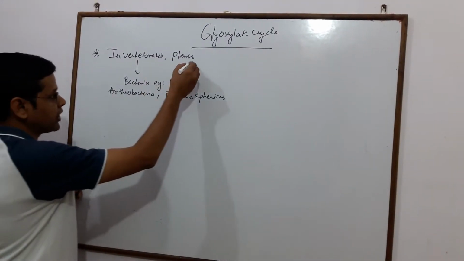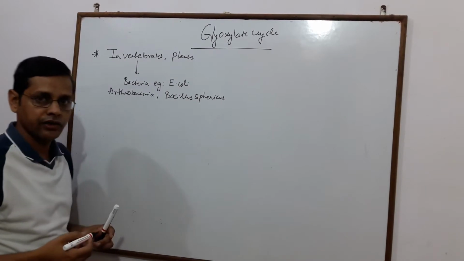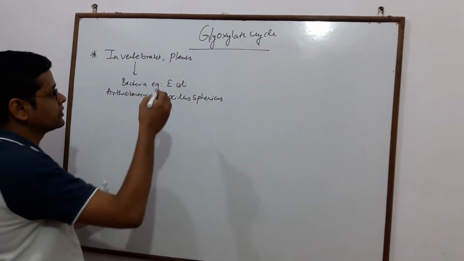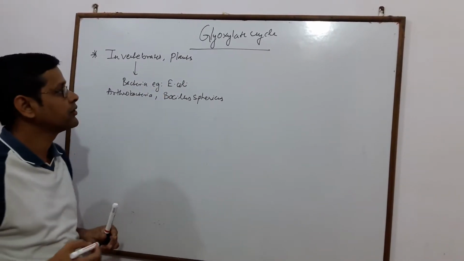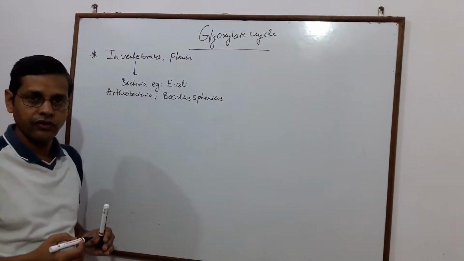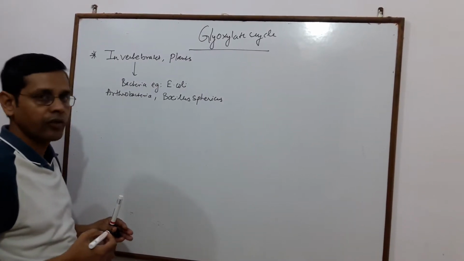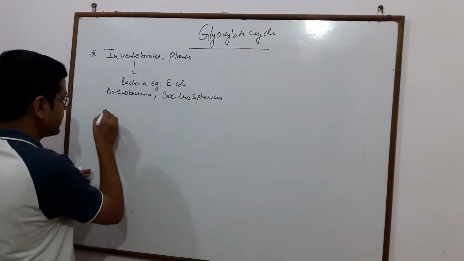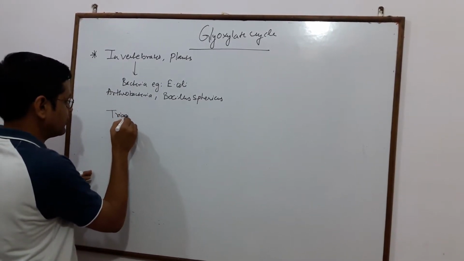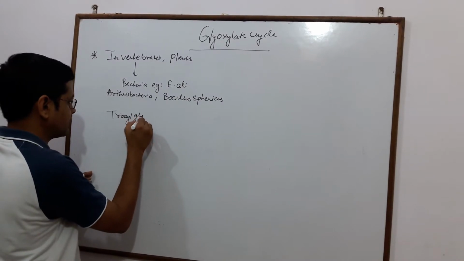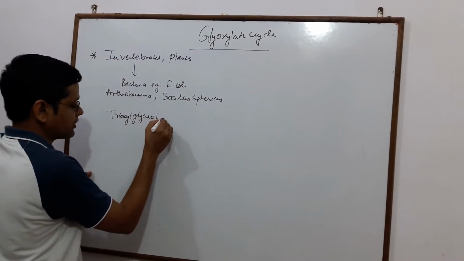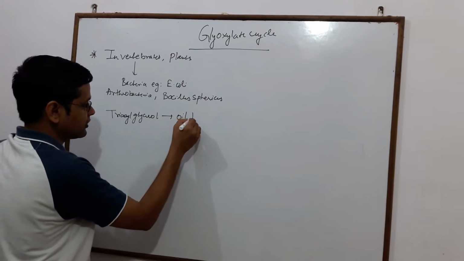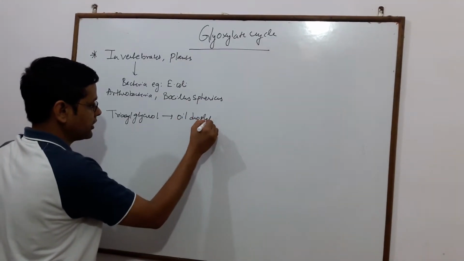But in the case of plants, when a plant stores excess fat or fatty acid in the form of lipid as triacylglycerol, these are oil droplets which are stored in adipose tissues.